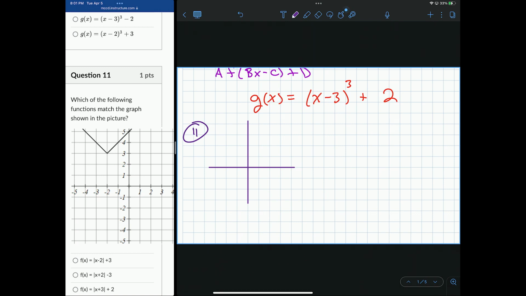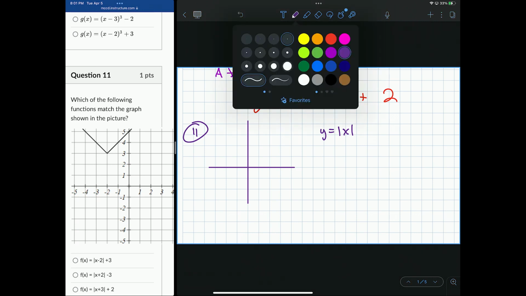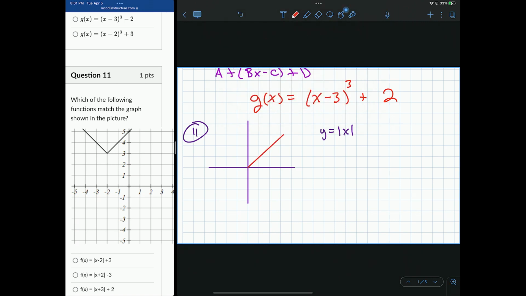So let's just say y equals absolute value of x. What does that look like? Well, what that looks like is it goes through 0, 0. Okay, so the normal absolute value function looks like this, and it goes right there through 0, 0.